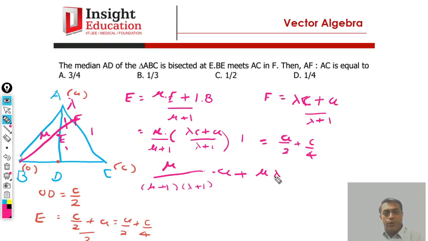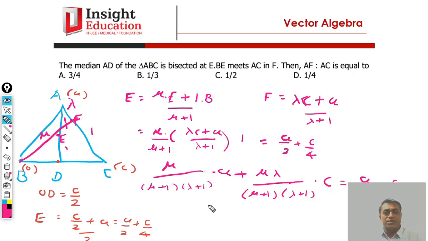So mu lambda upon mu plus 1 lambda plus 1 into c, plus mu upon mu plus 1 lambda plus 1 into a, is equal to a by 2 plus c by 4.